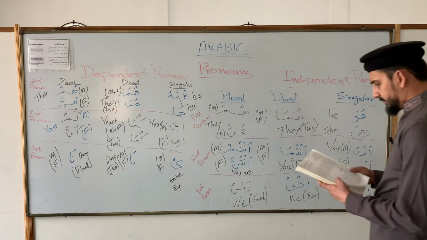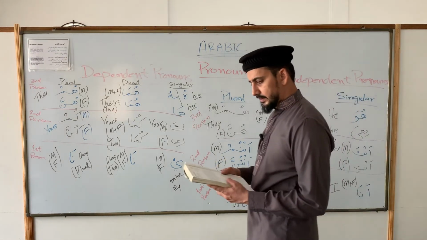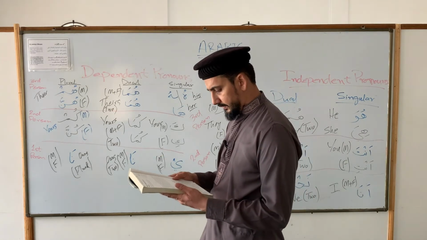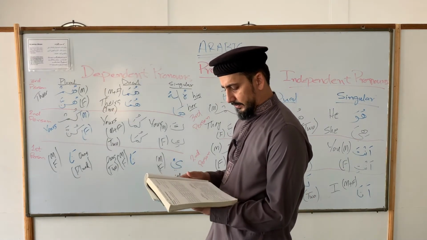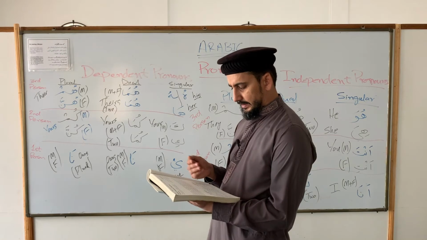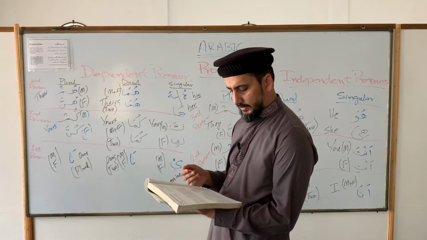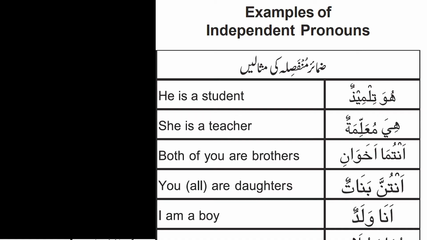Okay, for example, we can read these examples on page 346. They have examples of independent pronouns and examples of dependent pronouns. "Huwa tilmizun", he is a student. "Tilmizun", a student.